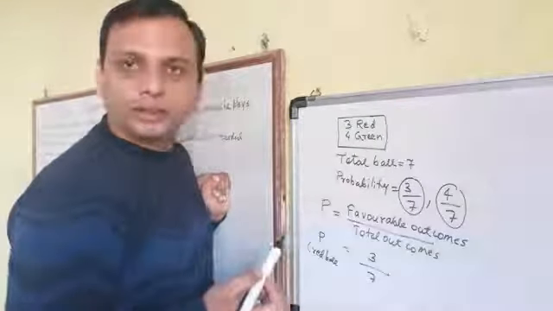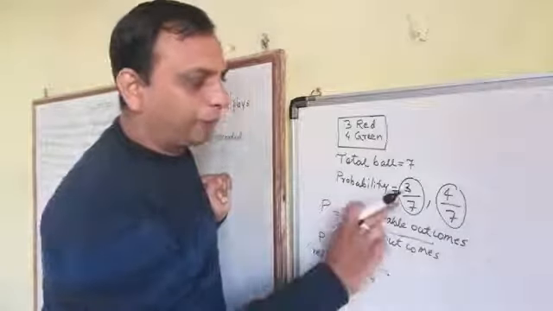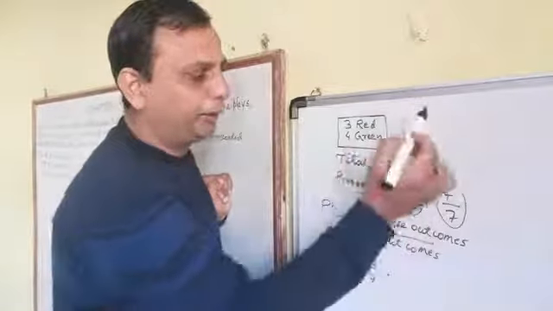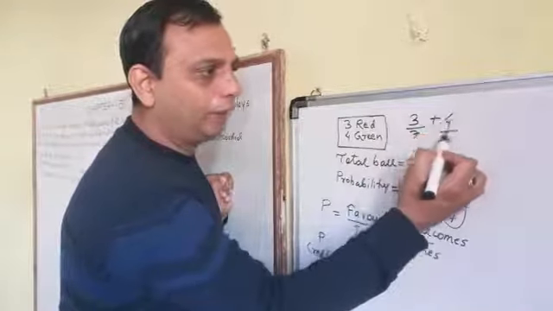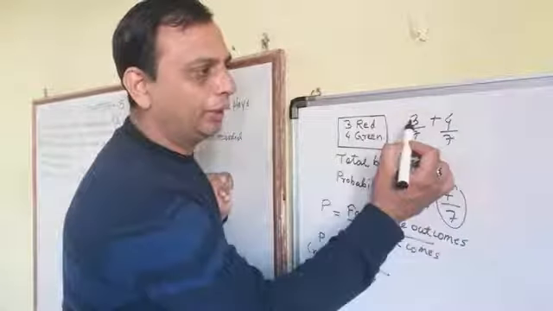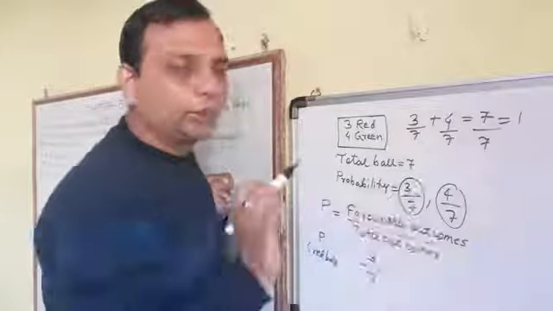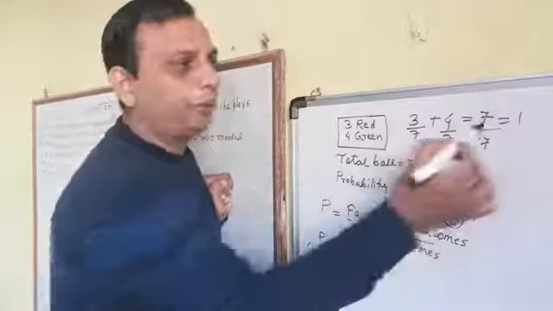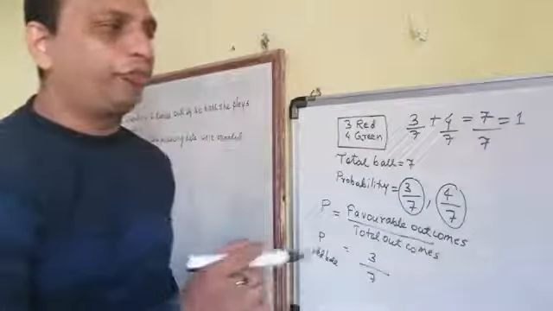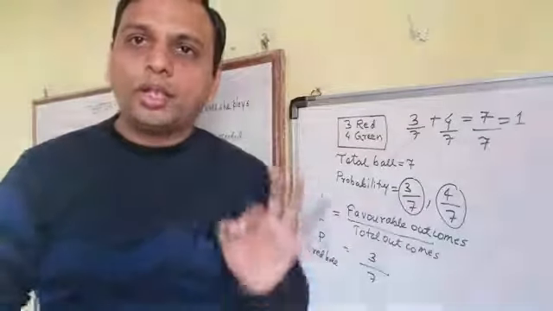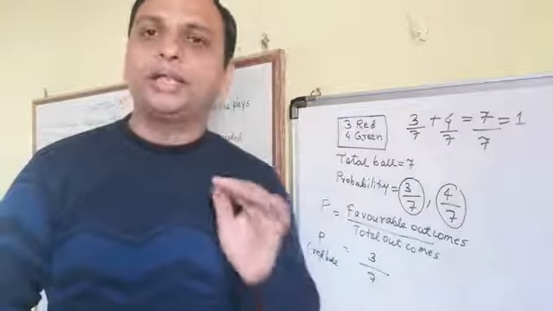Along with this, we have another concept: the total probability. If we calculate the probability of the green and red ball together, the red ball has probability 3 upon 7 and the green ball has probability 4 upon 7. 3 plus 4, 7 upon 7. That means total probability is always equal to 1. The probability is neither more than 1, nor less than 0.